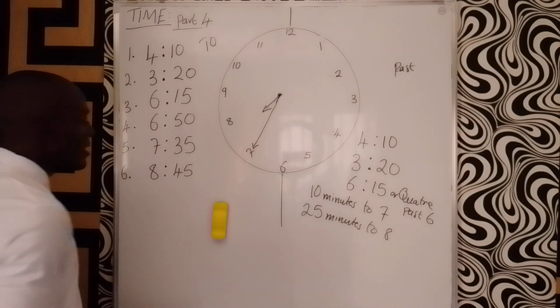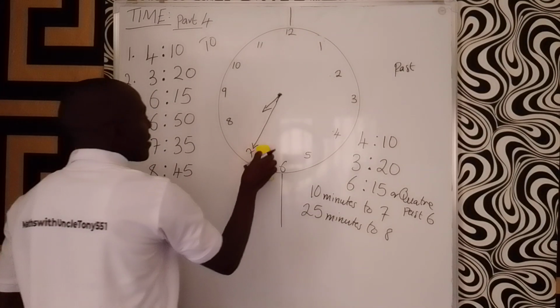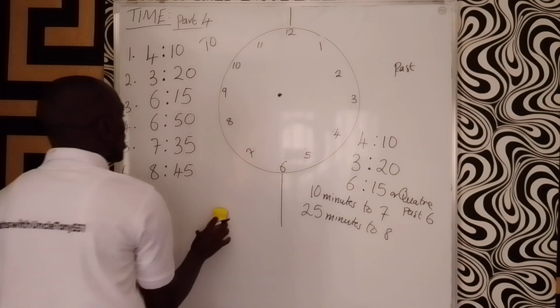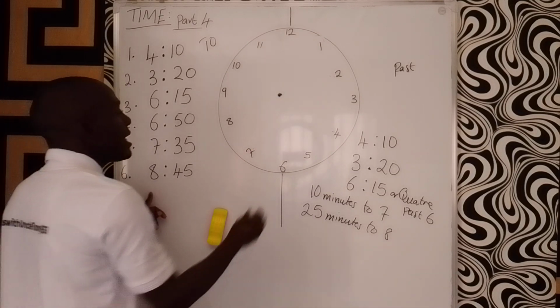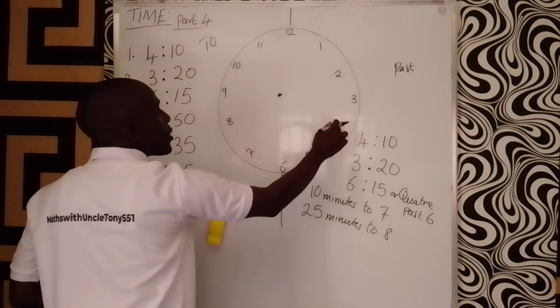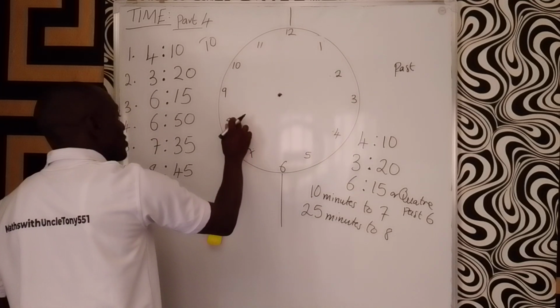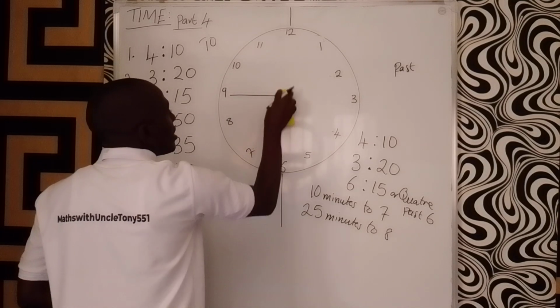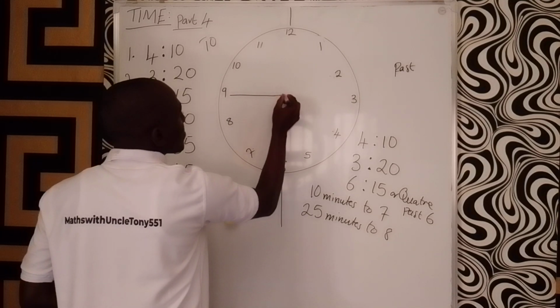Now the last but not the least is 8:45. Now quickly, the long hand, you count 5, 10, 15, 20, 25, 30, 35, 40, 45. The long hand is pointing at 9.